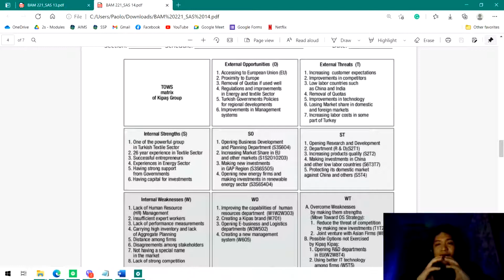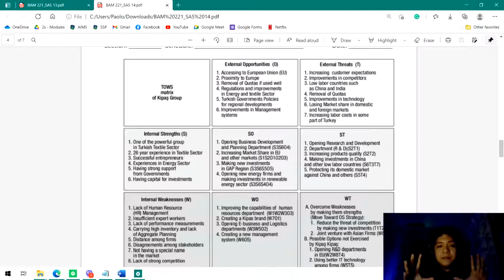Hindi ka na lang naka-isolate ang market mo sa current country na meron ka. Mas dumami ngayon yung market mo kasi nakipag-partner up ka na sa ibang firms sa ibang bansa. So that is how you can overcome a weakness in order to avoid an external threat.